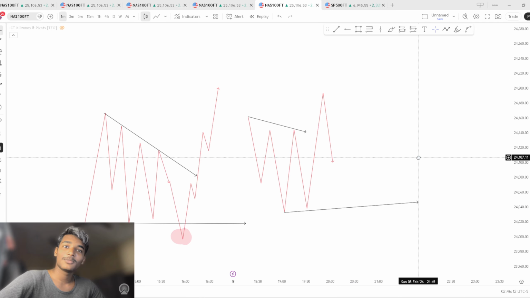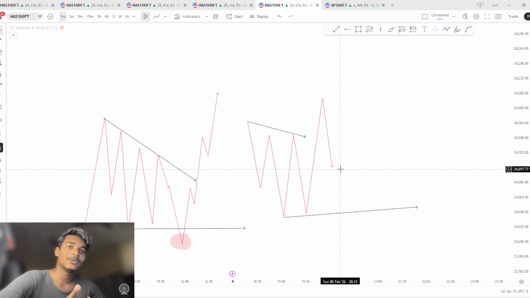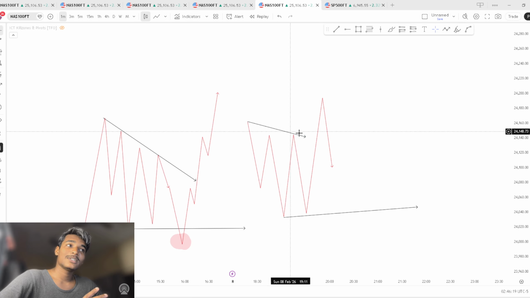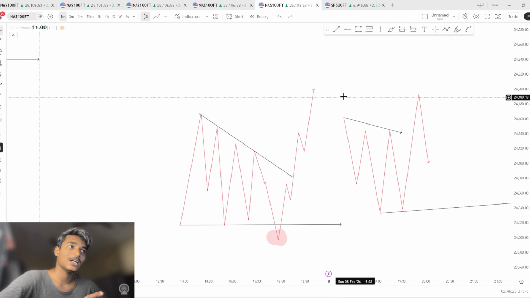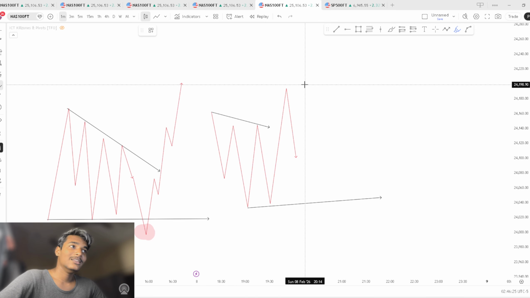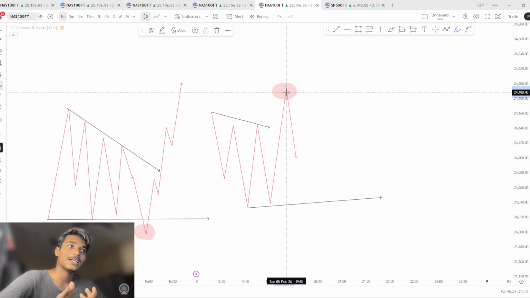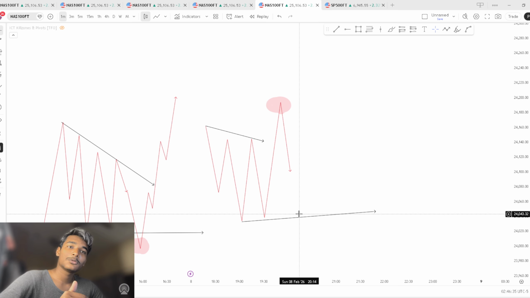If your bias is bullish, you will only take longs. But once the market sweeps this low resistance liquidity or relative equal highs around this area, then this swing high becomes a high resistance high or a high resistance liquidity point. So it will get protected if the market wants to go lower.